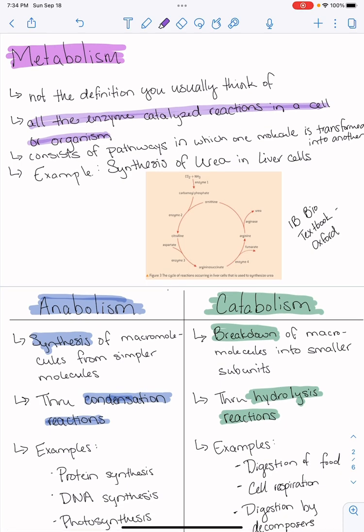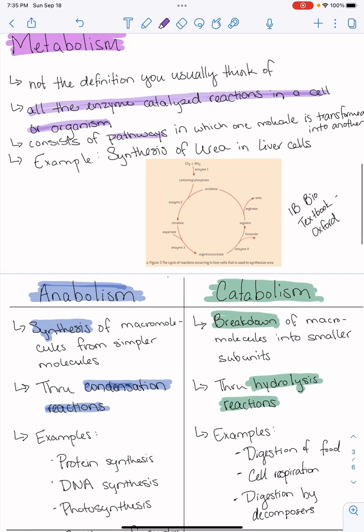So essentially it's all the pathways in which one molecule or molecules transform into other molecules. So like I said, it can be the synthesis or the creation of large molecules, or it can be the breakdown of large molecules.